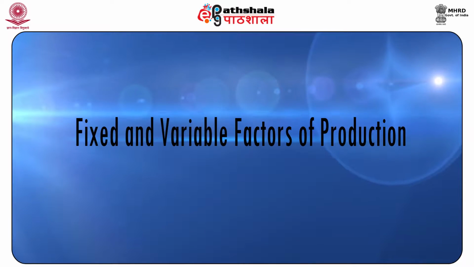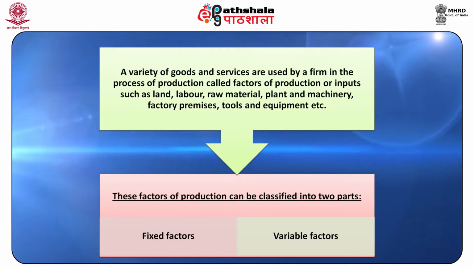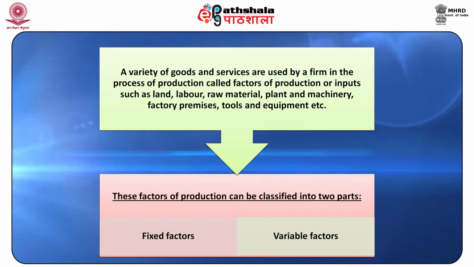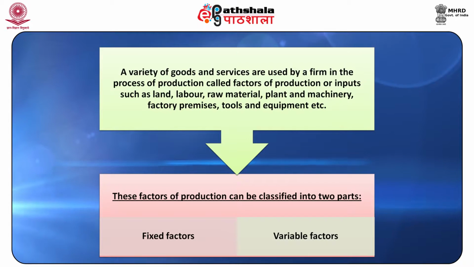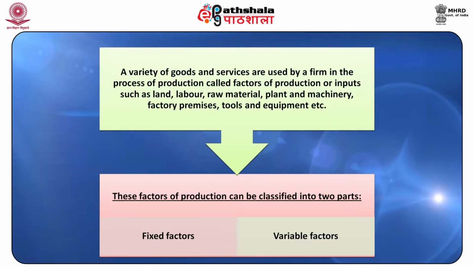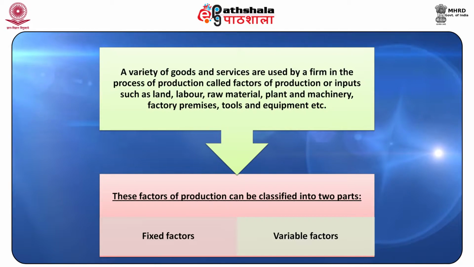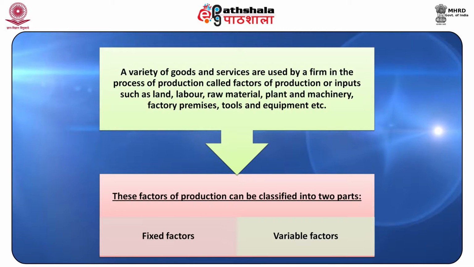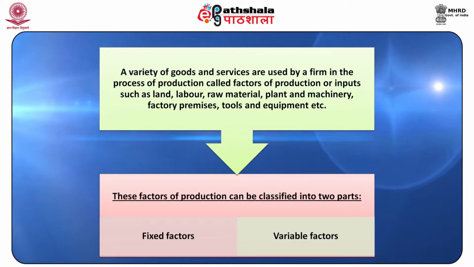Next, fixed and variable factors of production. A variety of goods and services are used by a firm in the process of production, called factors of production or inputs, such as land, labor, raw material, plant and machinery, factory premises, tools and equipment, etc. These factors of production can be classified into two parts.